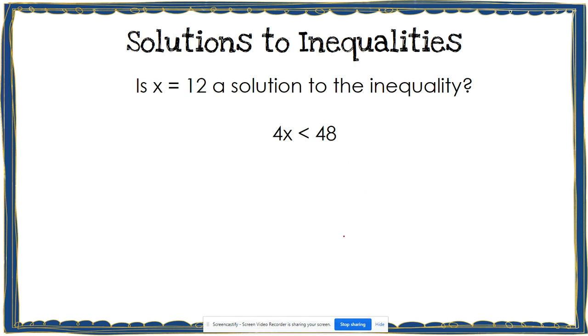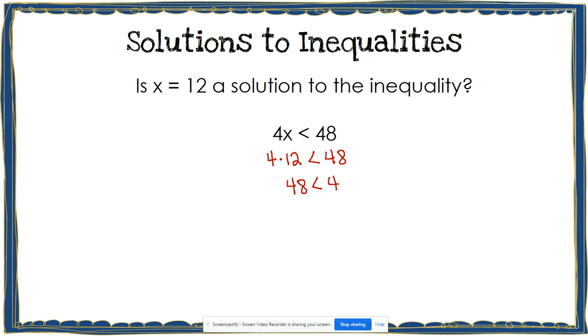Now this problem looks very similar to the last, but there is a slight difference. So again, is x equals 12 a solution to 4x is less than 48? Again, I'm going to substitute 12 in for x. So instead of 4 times x, I'm going to write 4 times 12 is less than 48. Then 4 times 12 is 48.